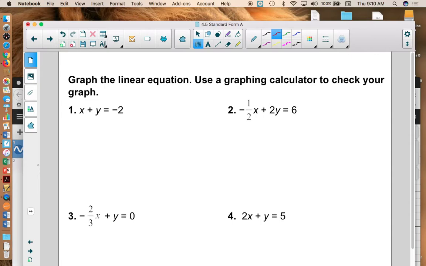Could we take the equation they give us and solve for the x and y intercept and graph? What do you think? How many of you think we could do that? How many of you don't have a clue?